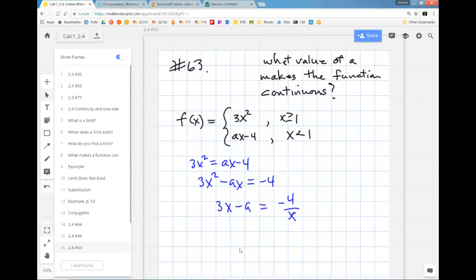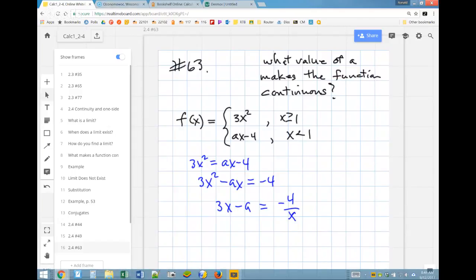The answer is when 3x squared equals ax minus 4. You literally can find out by setting them equal, and you can get it to the point where you can solve for a.